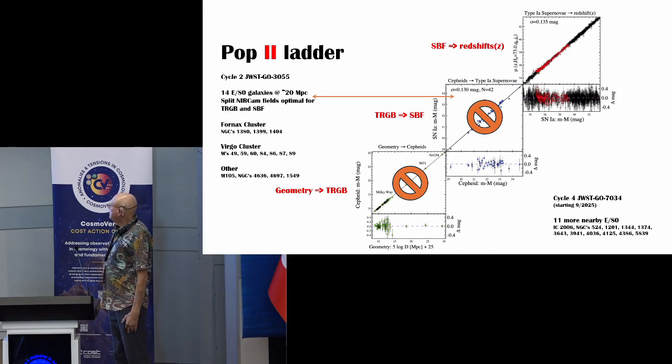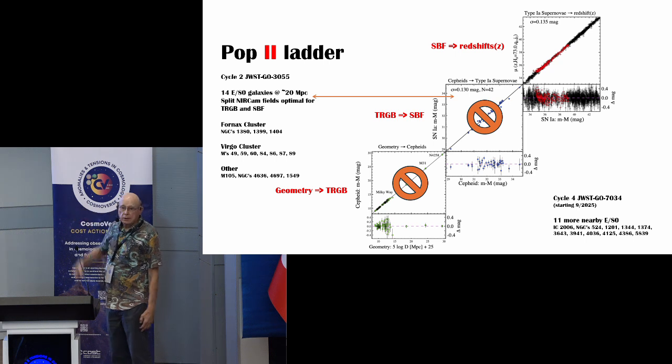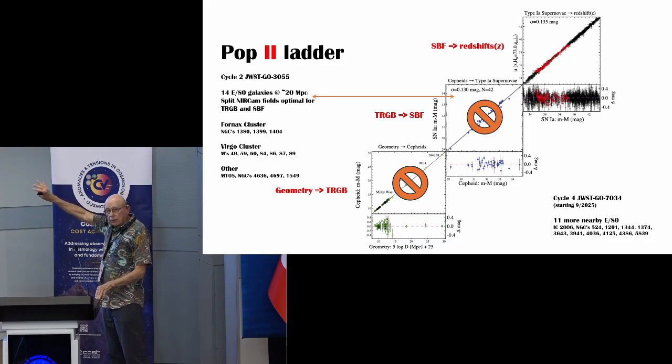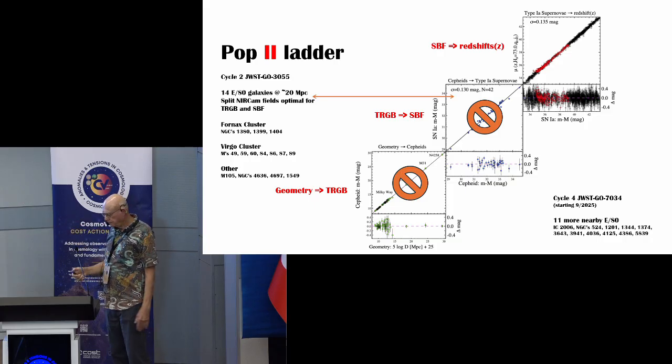So that takes us up here, a strictly population 2 ladder now that's calibrating surface brightness fluctuations. And we're going to want to then use surface brightness fluctuations to go to high redshifts where we can measure the Hubble constant.